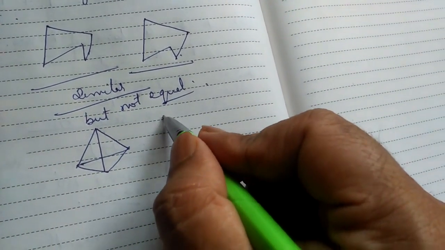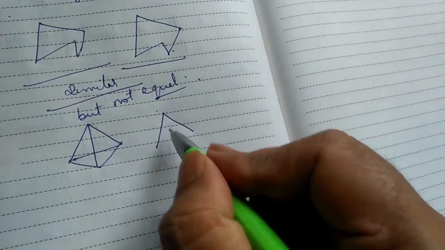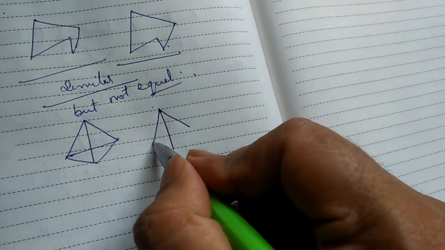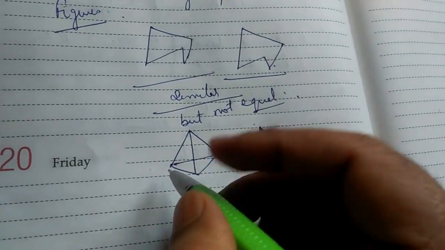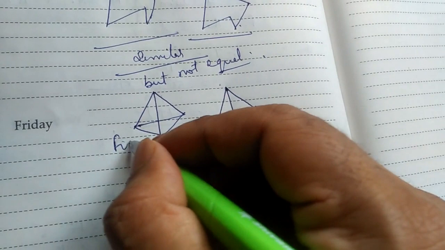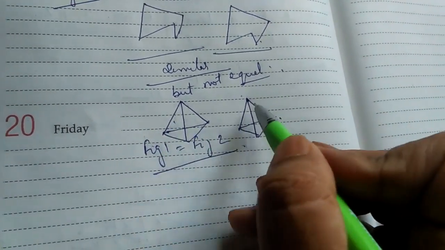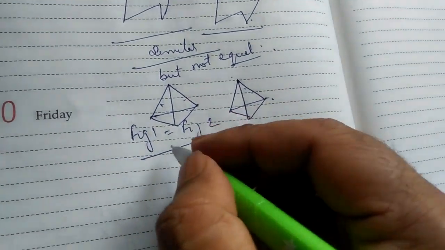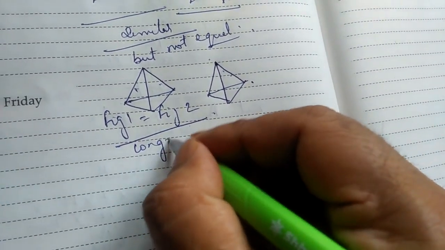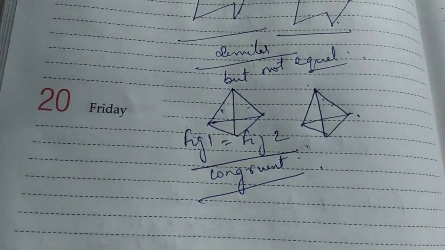And similarly, let's say figure 1 is equal to figure 2. These two figures are equal, so they are called congruent. This is a mathematical term, congruent.